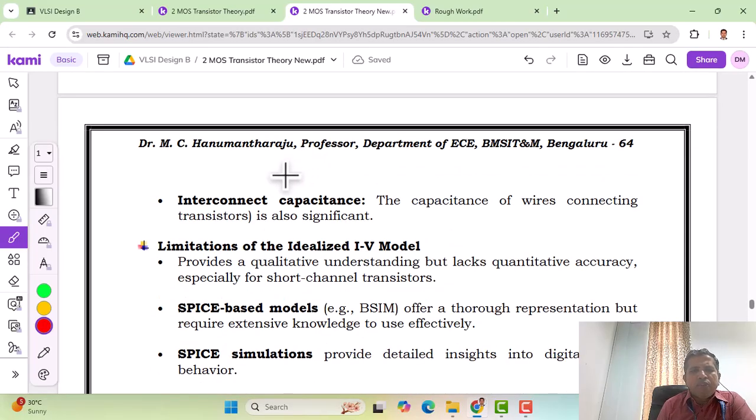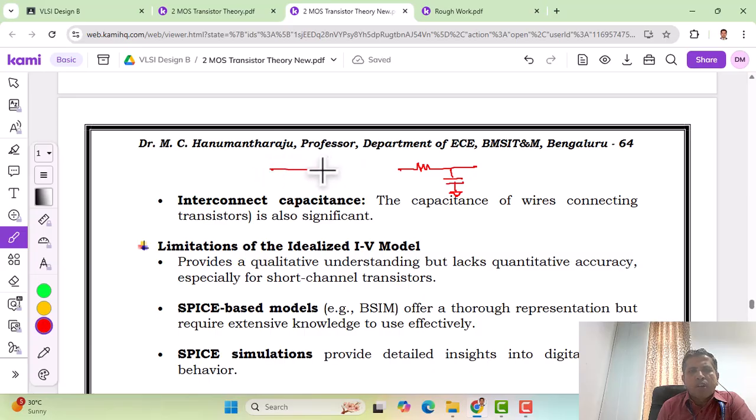Another type of capacitance that we come across is the interconnect capacitance. Interconnects are nothing but the wires connecting the different transistors, and their wire capacitance is also significant. The wire can be modeled as an RC element like this, and there are infinitesimally many such RC elements in the wire.